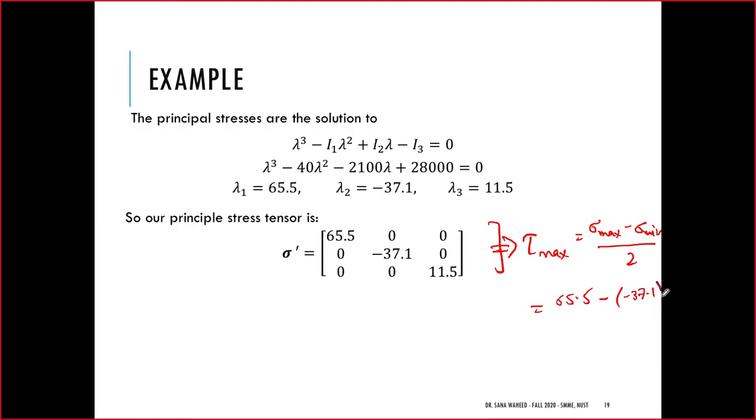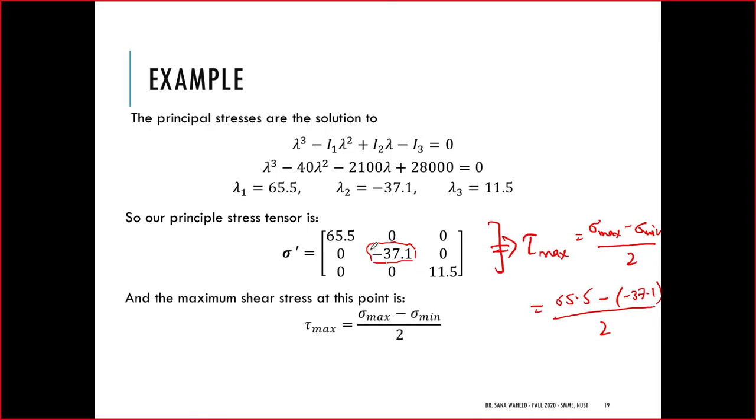Perfect. 37.1. Cool. So just solving this out, remember here that वो minimum ही है minus 37.1. Don't just take the magnitude. The minus is important, right? So then we can find our maximum shear stress, or just solving that through, it's 51.3.